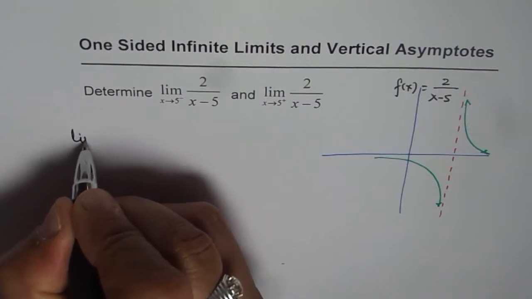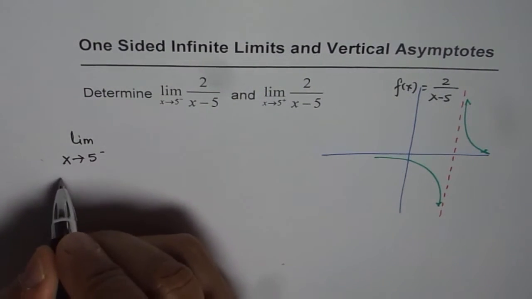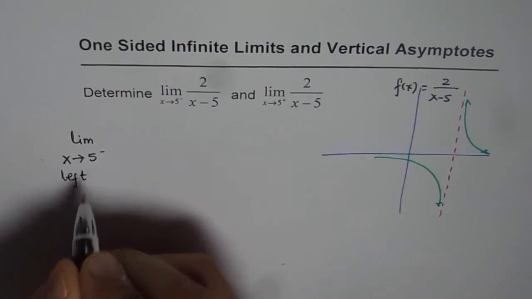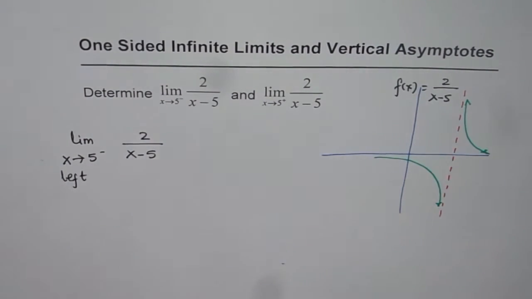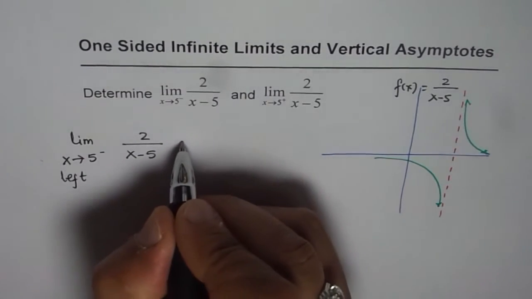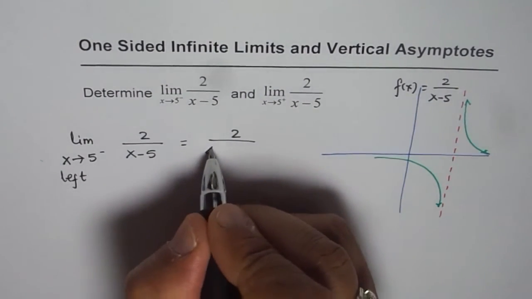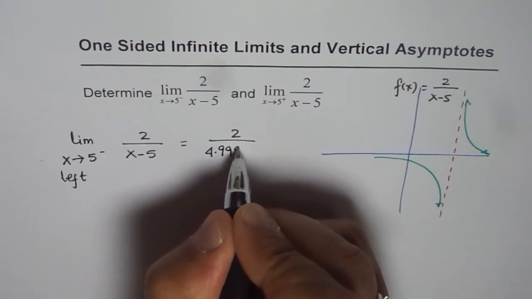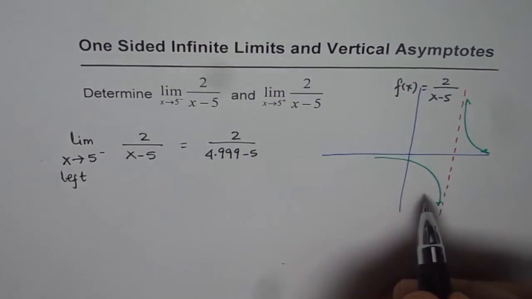Let's do the left side first: the limit as x approaches 5 from the left side of 2 over x minus 5. We can take a value very close to 5 but slightly less than that, so let me write x is 4.999. We are approaching 5 from the left side, which means less than 5.